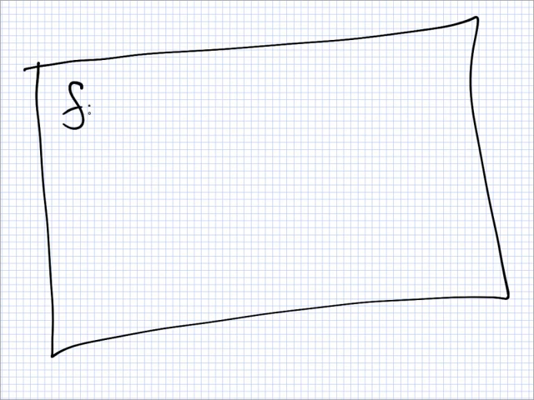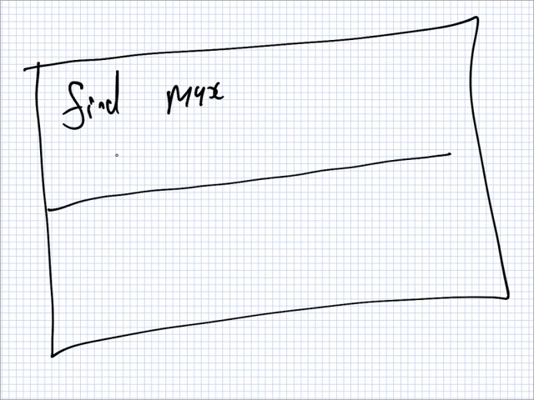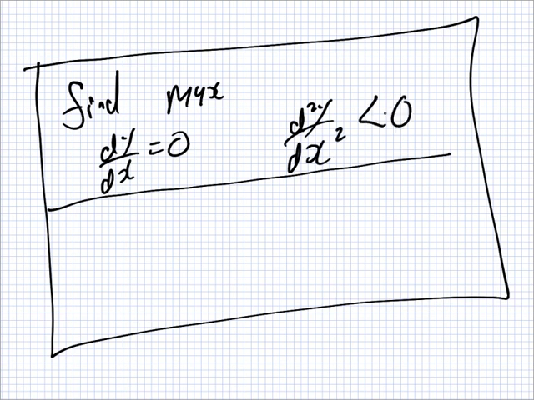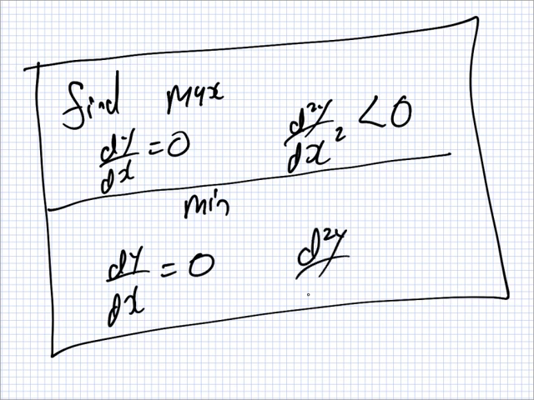To find the max and then to find the min: for the max, you need the first derivative to be 0, but then you need the graph to be concave. And what do we say the second derivative needs to be for it to be concave? Positive or negative? Negative. So the second derivative has to be negative. And then to find the min, again the first derivative has to be 0, but the second derivative has to be positive.